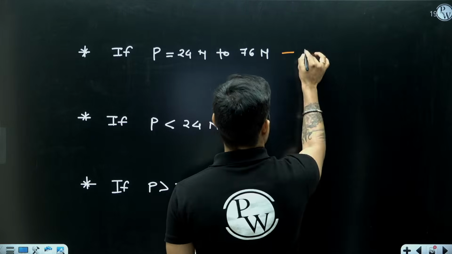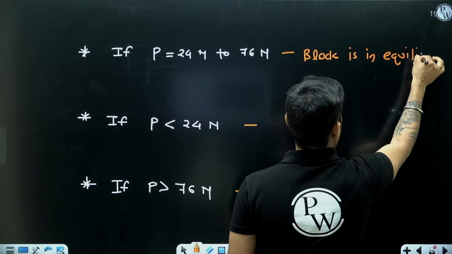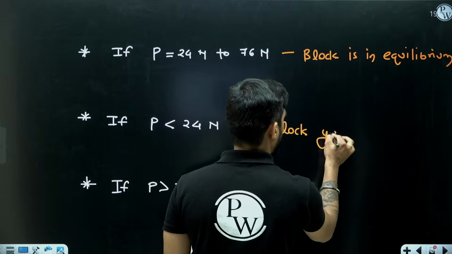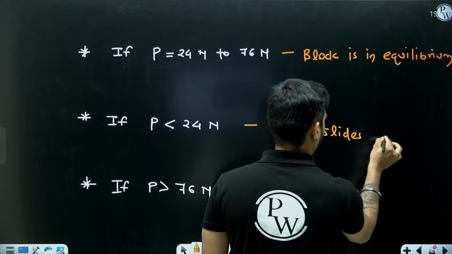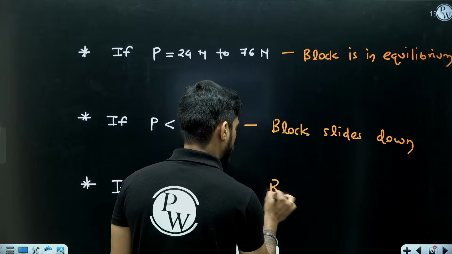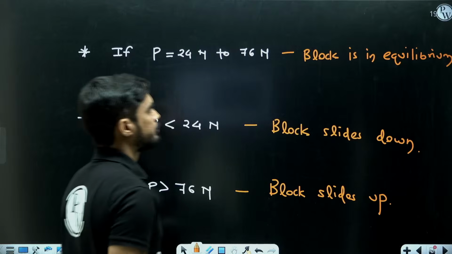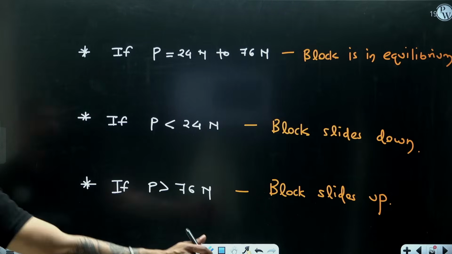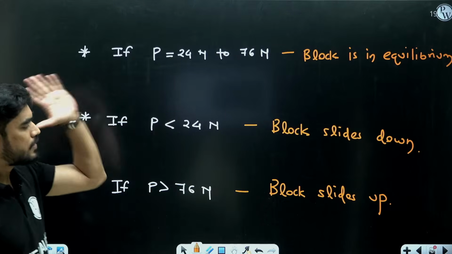In first case, block is in equilibrium. Second case, block slides down. Third case, block slides up. So if P is between 24 to 76, block will be in equilibrium. It will neither go down nor go up. If P is less than 24, block slides down. If P is greater than 76, block goes up.